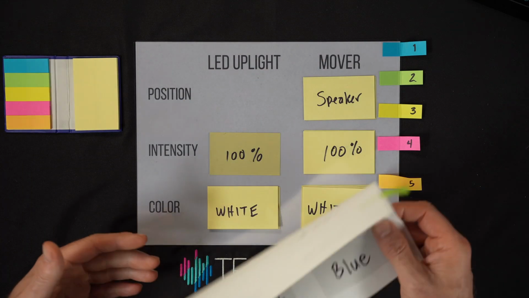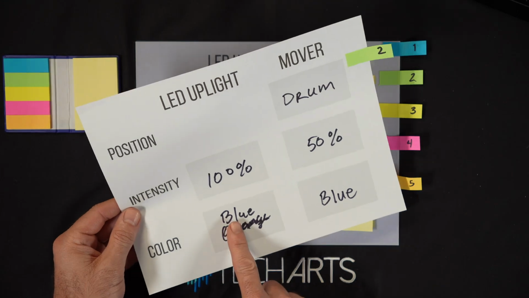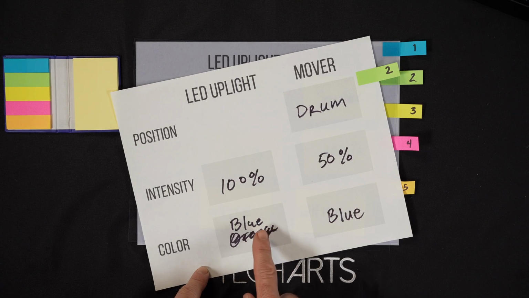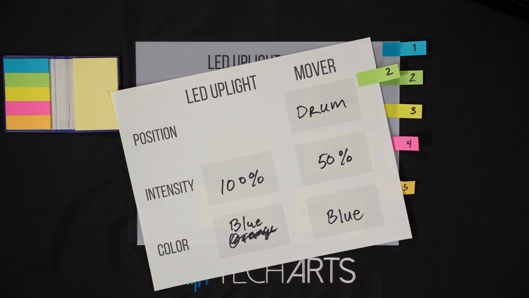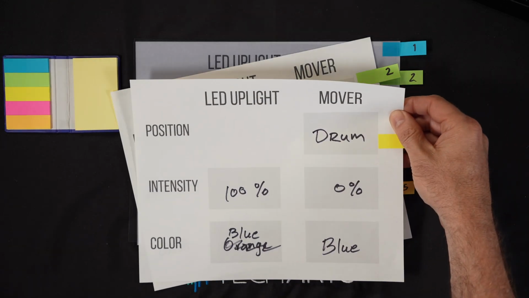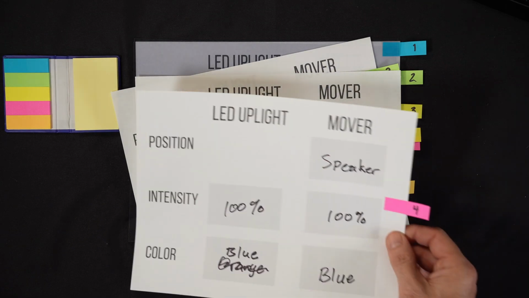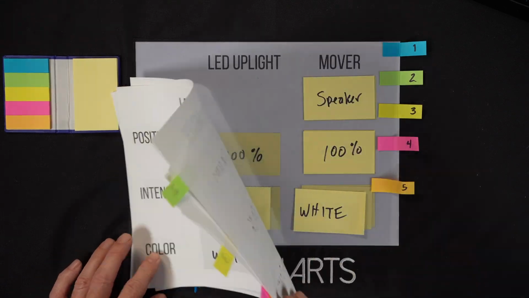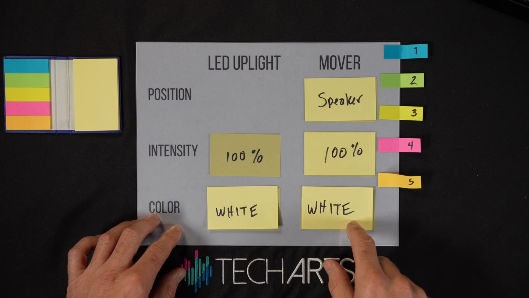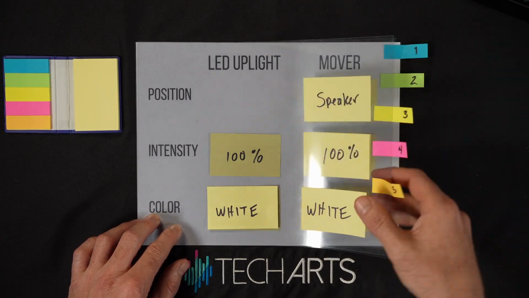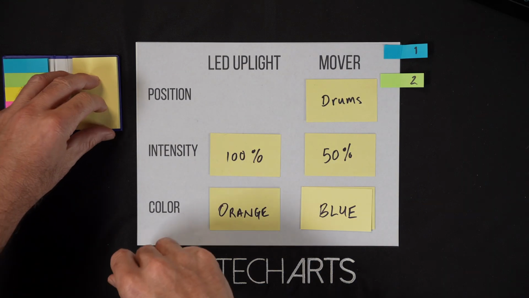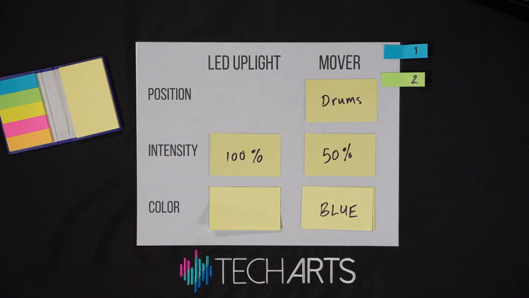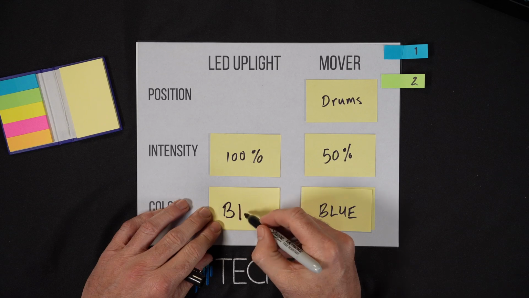What we did for Q2 on the preset board is we went ahead and changed the color of the uplight to blue. And because we wanted that blue to go through the other cues, we went ahead and changed it in 3, and we changed it in 4, and then 5 went ahead and changed them all to white. So how are we going to do that on the tracking board? Well, we go to Q2 and we go ahead and change the background color in Q2 to blue.